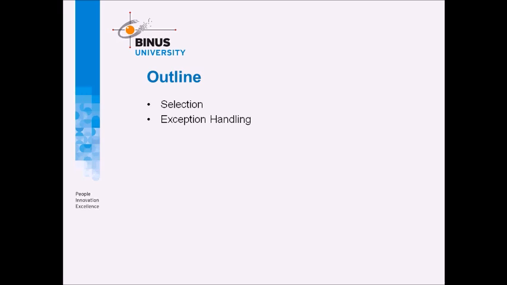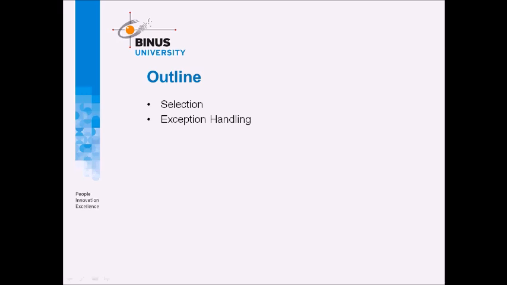And next we will learn about exception handling. Exception handling is how we handle the error that happens in our program. So if in one way you get an error in certain parts of the code, you can handle it using exception handling or the try-catch syntax.